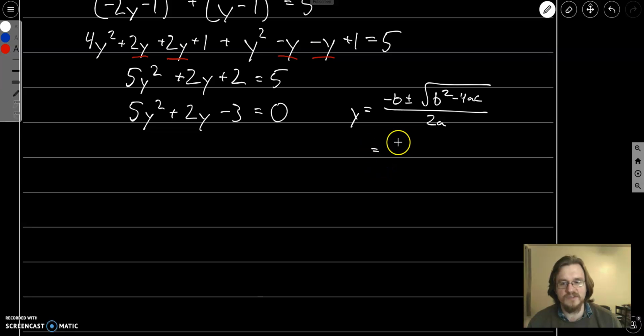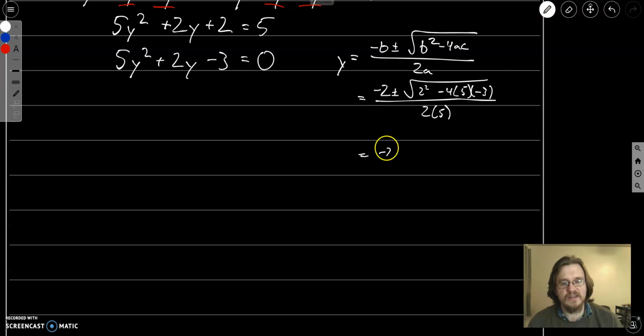So this will be equal to negative 2 plus or minus the square root of 2 squared minus 4 times a, which is 5, times c, which is negative 3, all over 2 times a, and a is 5. So let's simplify.